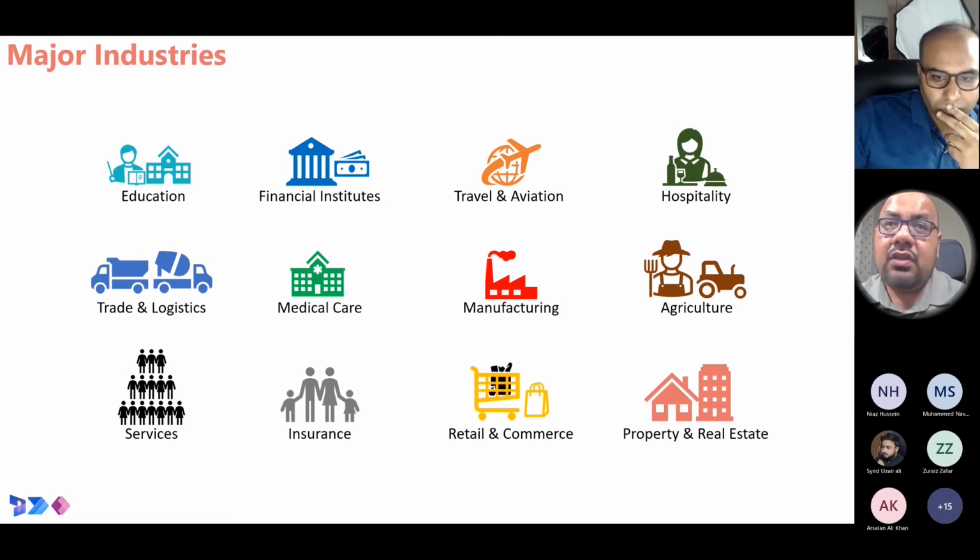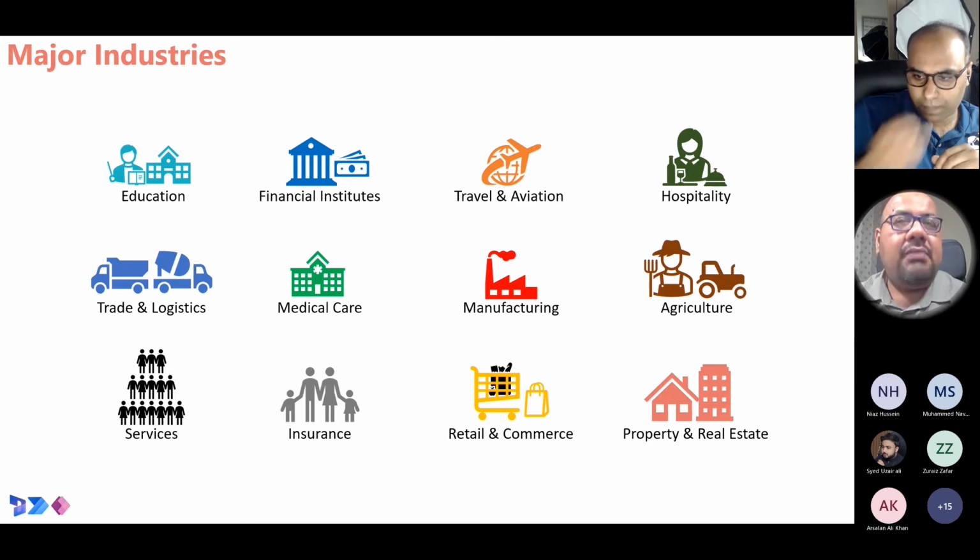Medical care means hospitals, clinics, even supporting staff. Vertical solutions are available on top of Dynamics 365. Manufacturing is the main thing. Again, it's available, but there are some shortcomings in manufacturing. You will not find Dynamics 365 majorly in manufacturing because there are a lot of other competitors doing it.